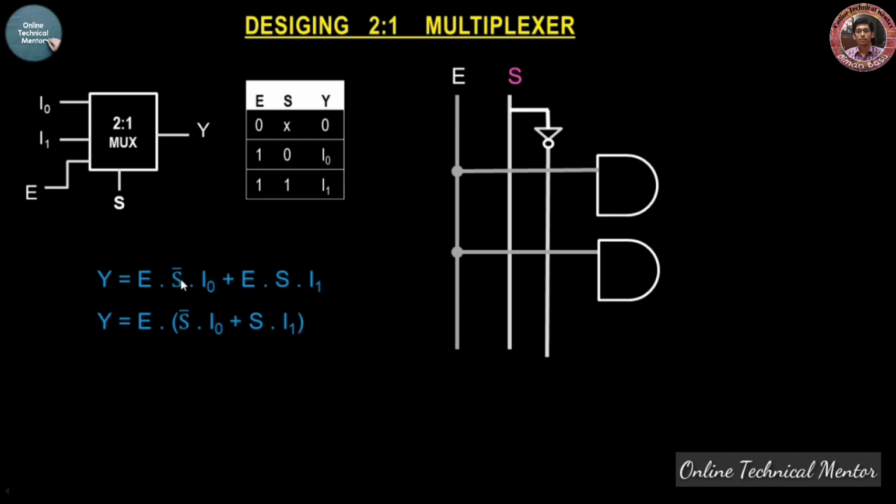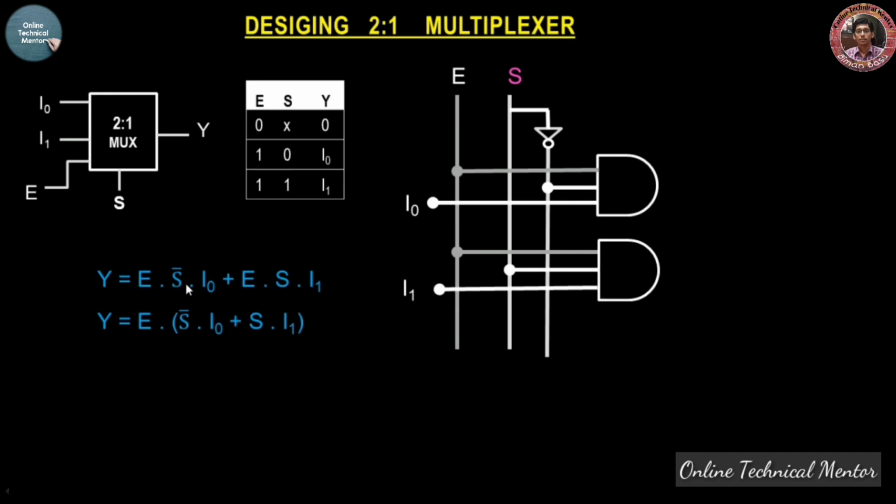So you have to draw a connection from the S bar line and the I0 line. So this is the scenario. A connection is drawn from the S bar line and I0, which is a completely independent line. Then in the second AND gate, there are 2 more inputs, S and I1. So you have to draw a connection from S and from the I1 input.